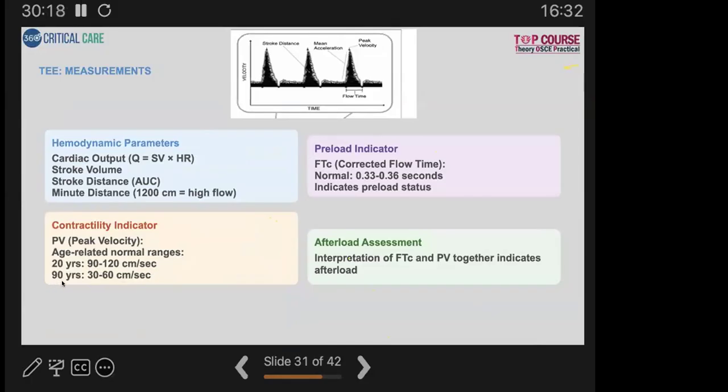And if it is an elderly patient, then the value reduces to 30 to 60 centimeter per second. And there is also corrected flow time, which is a preload indicator. The normal value is between 0.33 to 0.36 seconds, which indicates a preload status. And afterload assessment is mainly by the combination of the corrected flow time as well as the peak velocity.